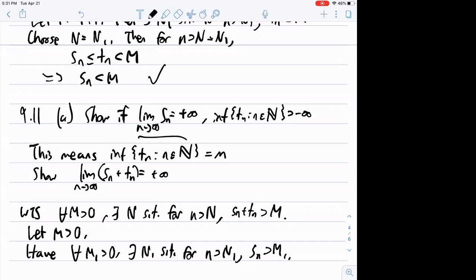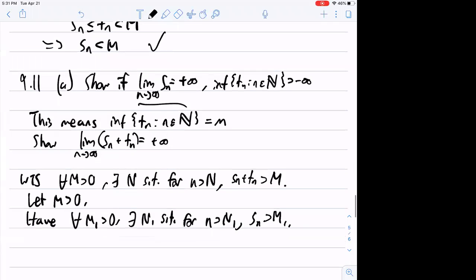If you actually work this out, at least do the scratch work, the correct thing would be to let m1 be m minus m, where lowercase m was the infimum of the Tn's. So why do we do that?